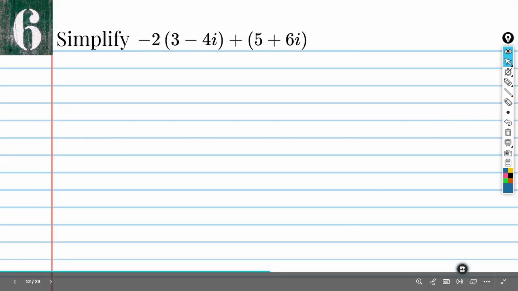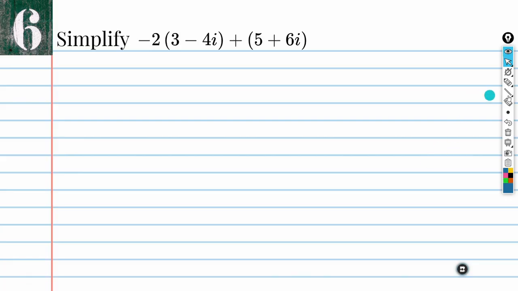So let's practice with a couple of them where we have to distribute. And so taking it a step farther, this time we have to distribute a number through to that first parenthesis, and the positive is going to go through on the second parenthesis. So negative 6 plus 8i plus 5 plus 6i.